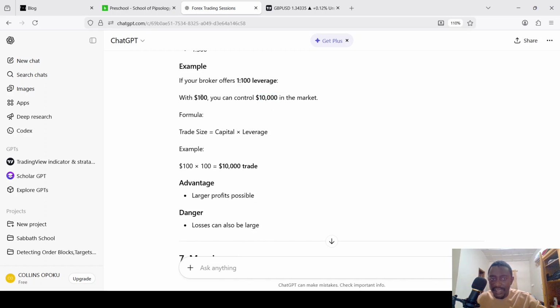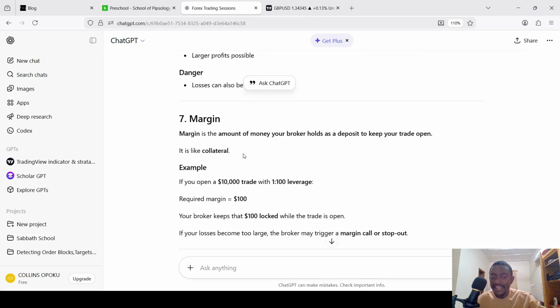You just multiply the 100 you have by what the broker is offering, and you get the amount. And for this particular amount, maybe for Bitcoin, for you to place that particular trade, they are requiring this. They expect you to have at least $10,000 in your account. That is why these things are there.